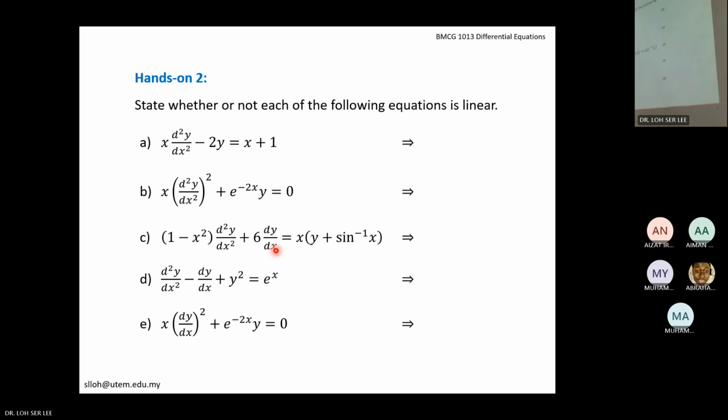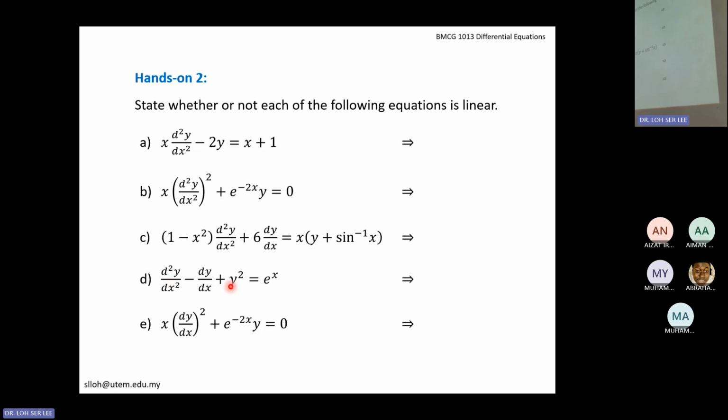Okay, B. Linear or non-linear? Non-linear. Why is it non-linear? Which terms cause the non-linear?